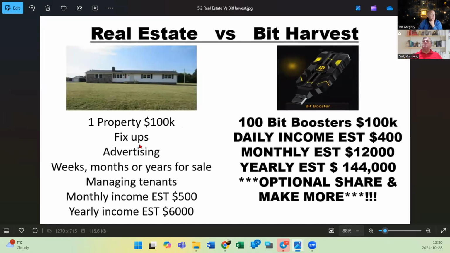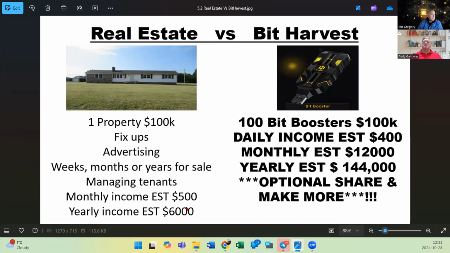You have to buy the property, fix it up, do advertising, and because you're not in control of anybody else, who knows when you'll be able to sell it, or at the price that you want. Maybe you eventually can't sell it, and so you've got to put some tenant in instead, because otherwise it's consuming money. It's not an asset until it makes you money. And so you put tenants in there, and now you have to deal with that. Monthly estimated cost about $500.